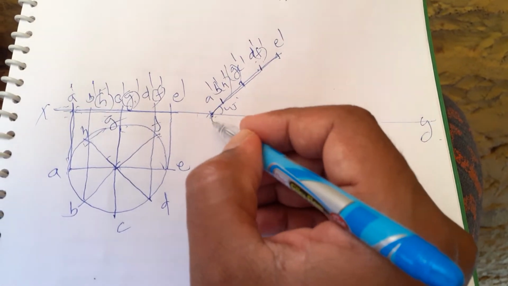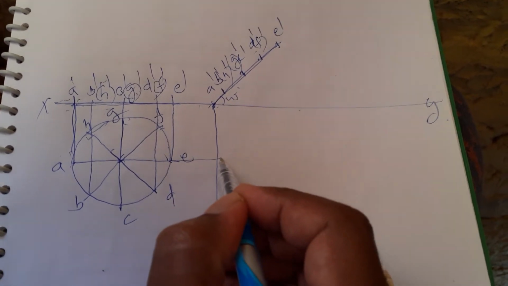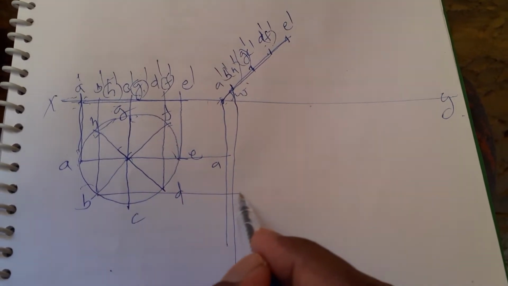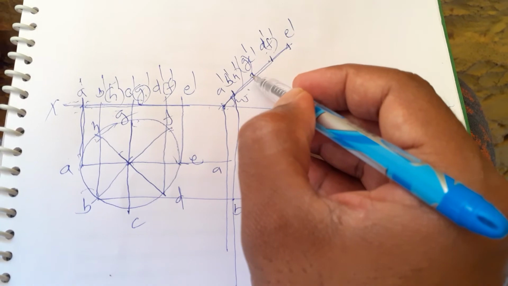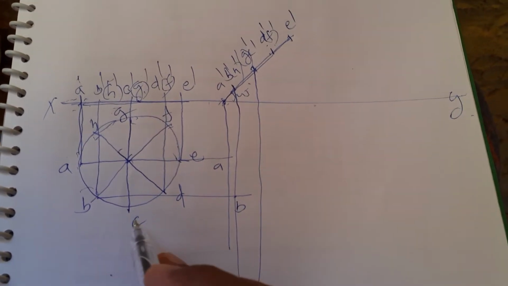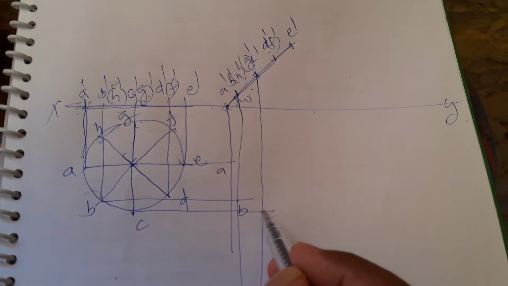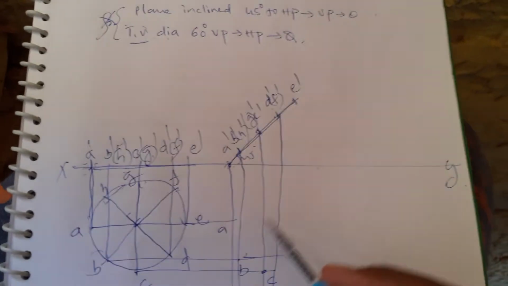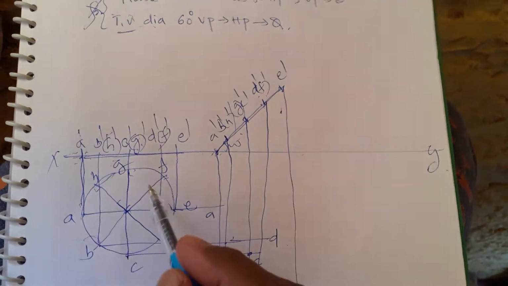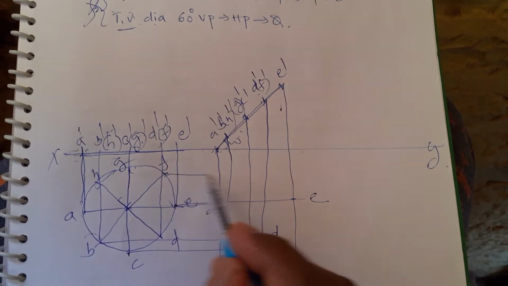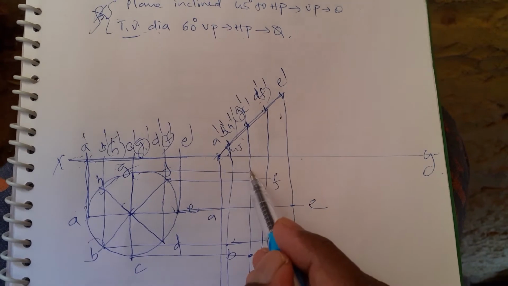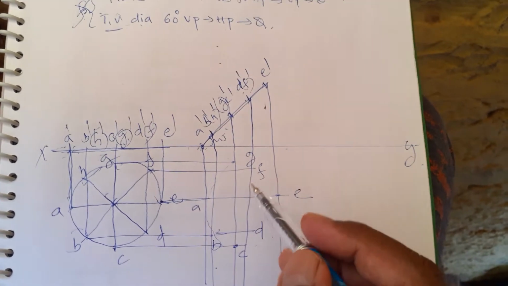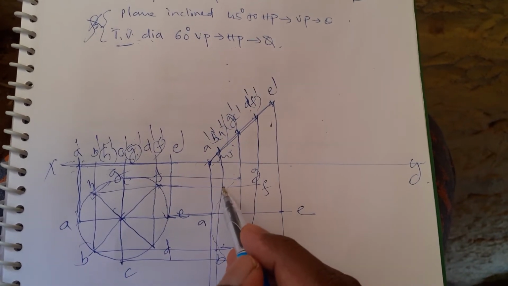Now take downside A. Don't hurry, please. Take it easy. B, C, D, E, F, G. If you see, this will be in the form of an ellipse.